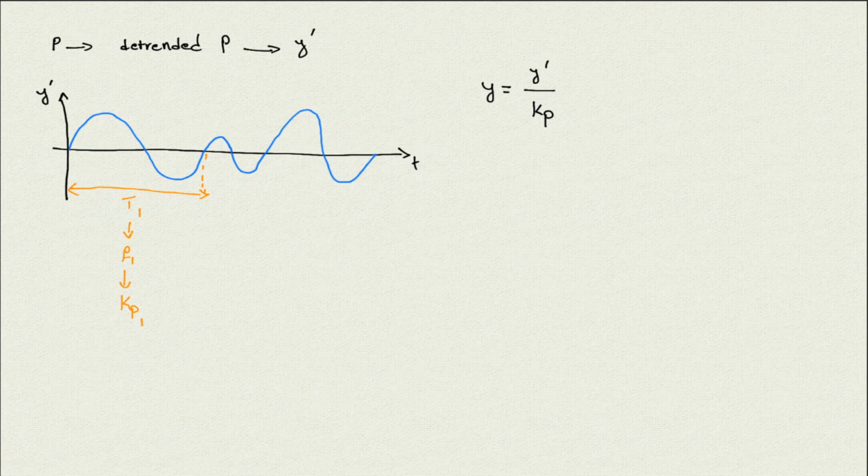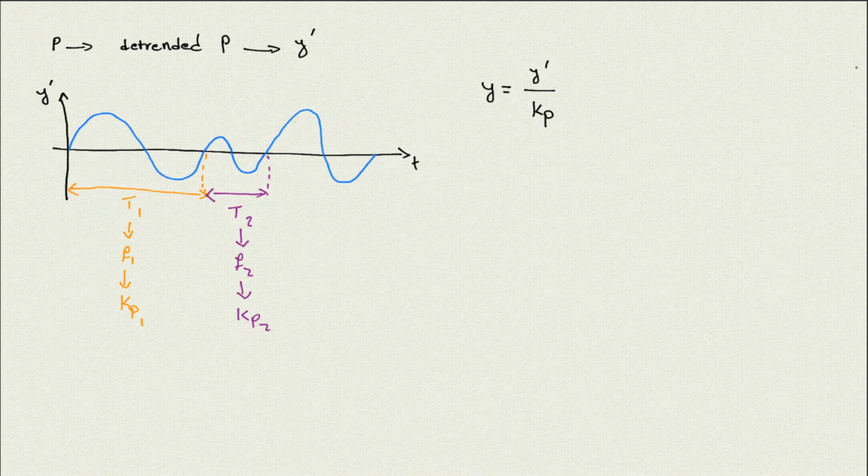Then we will move to the second wave, which is going to be from here to here. So it has a T2, the period of that, and then the frequency of that, and then the Kp for that wave, and then divide all the data points for that wave by that Kp.